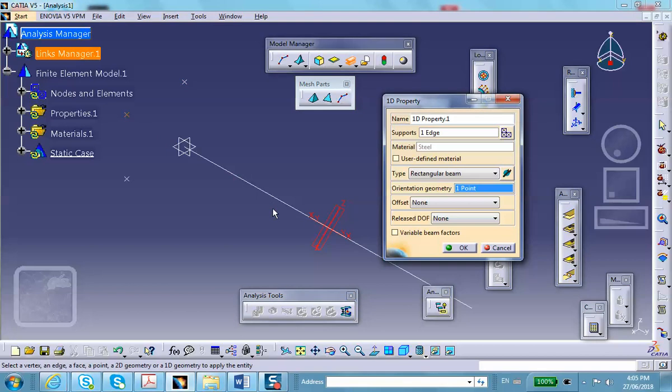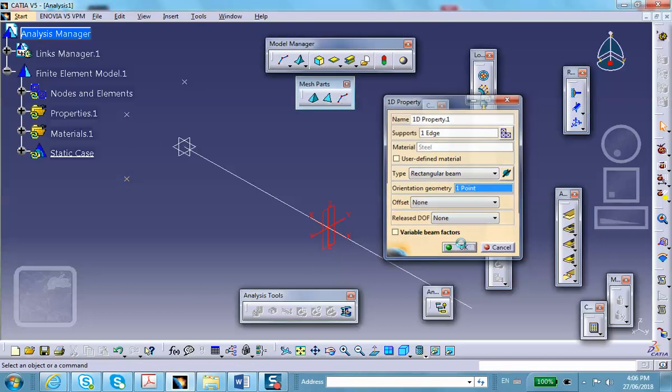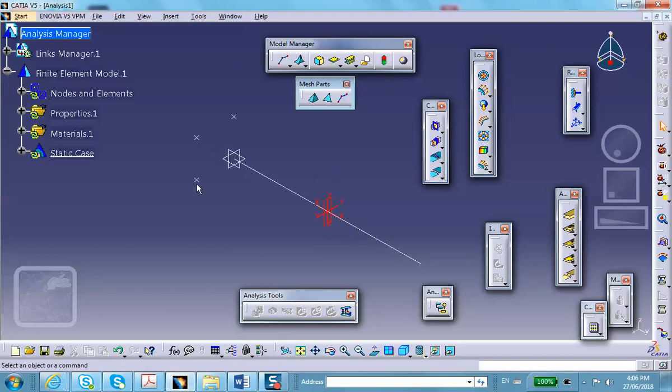It puts it at an arbitrary kind of orientation. So when it's a non-circular, non-tubular beam that we're talking about, this orientation point is important. Now I don't want it this, so let me use that one or this one. Doesn't matter. All right, and then we can close it.